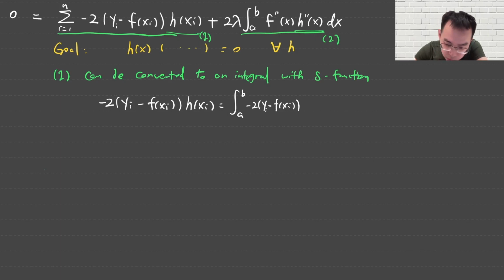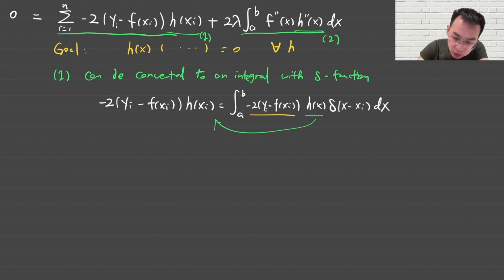This term here is a constant, so we don't need to worry about that. Then we have h of x times delta of x minus x i dx. From here we cannot really take the function f x h x outside, but that's totally okay, and you'll see that in a second. So now we are happy.